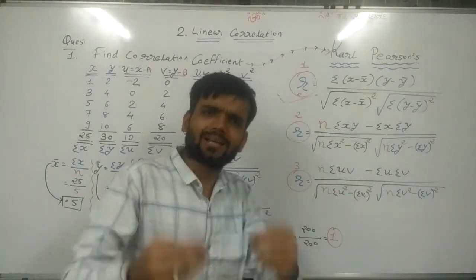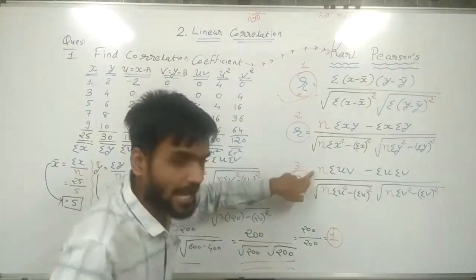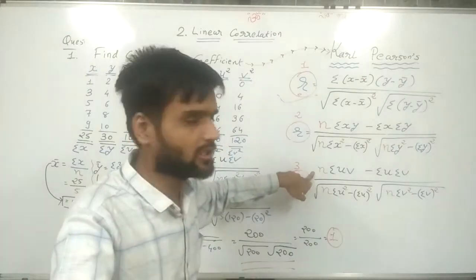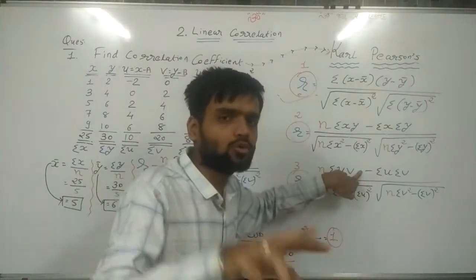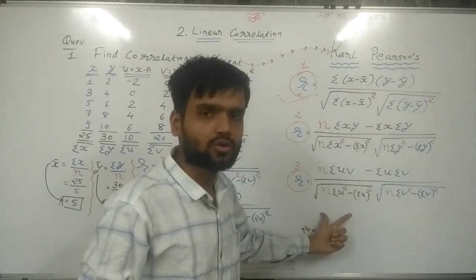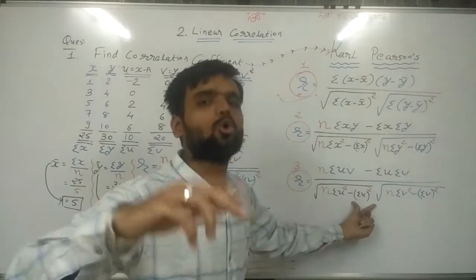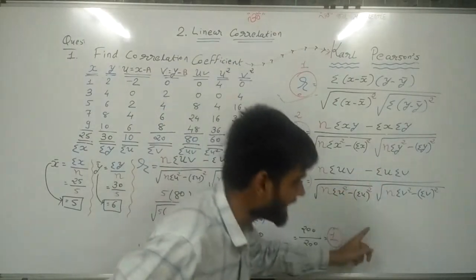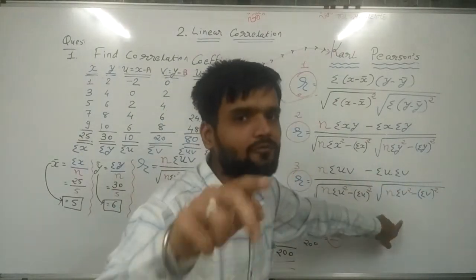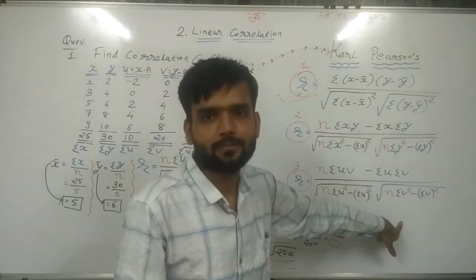Now we are starting with the third formula: n sigma uv minus sigma u sigma v, divided by under root n sigma u square minus (sigma u) whole square, second under root n sigma v square minus (sigma v) whole square.